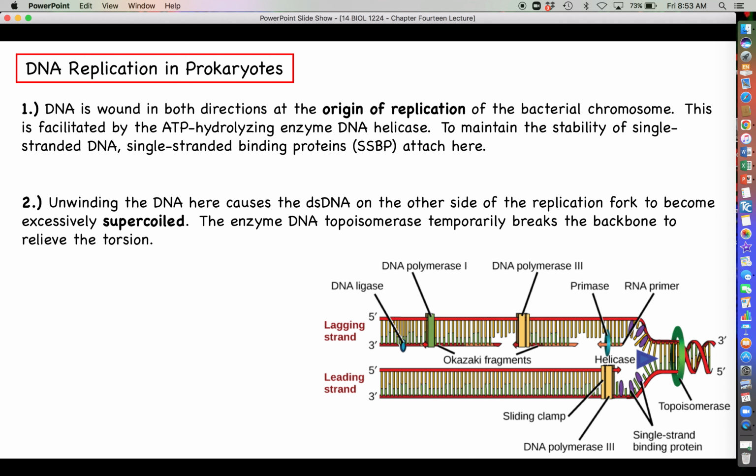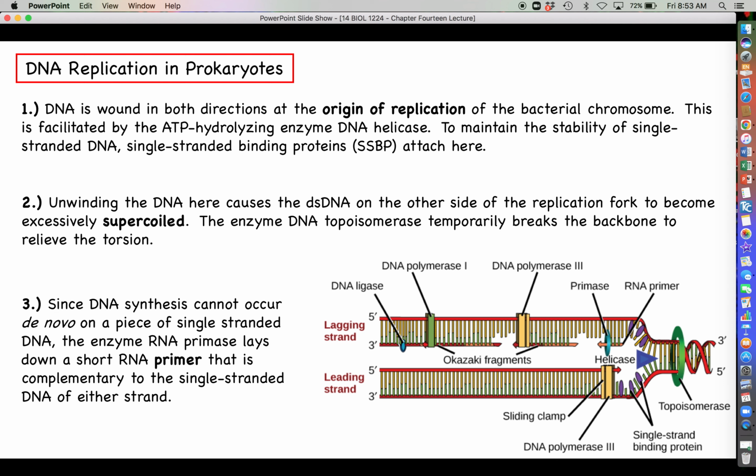So when DNA becomes supercoiled, it becomes excessively twisted, and this distorts the three-dimensional structure of the nucleic acid, which is actually not a good thing. So this enzyme that you see here called DNA topoisomerase helps to relieve the supercoiling by temporarily breaking the backbone of the DNA and then using that in order to relieve the torsion and the tension.